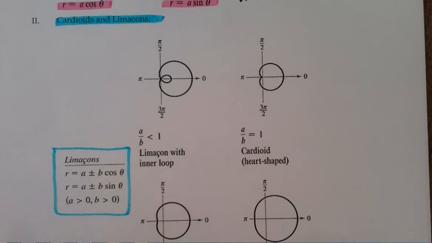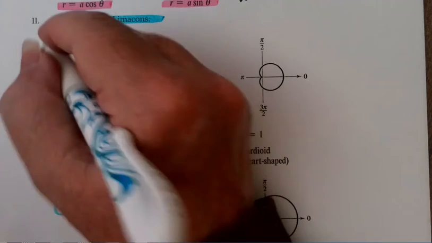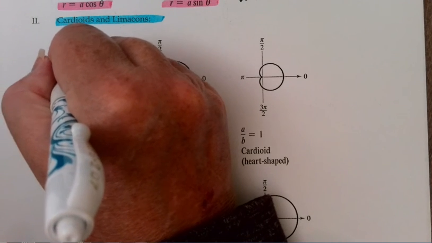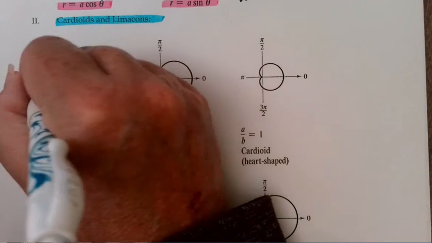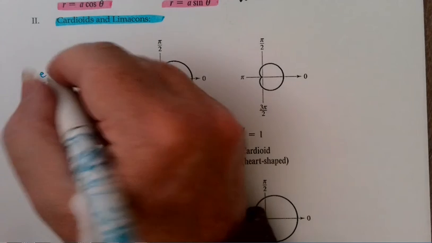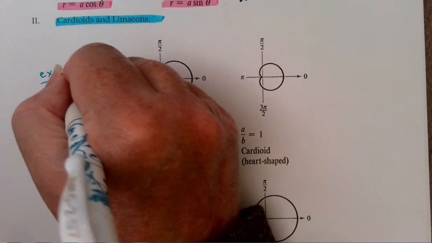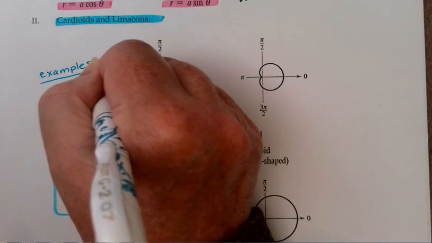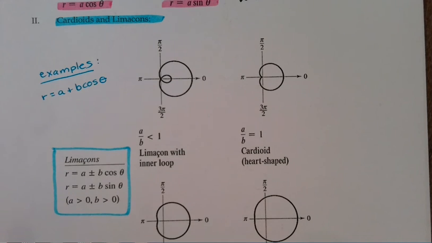All of the graphs in the examples here all use a plus b cos theta. We'll do a little bit of experimenting to see what putting a minus sign in does, or what changing the cosine to the sine does. We'll see it's a little bit predictable based on what we saw above with the circles.